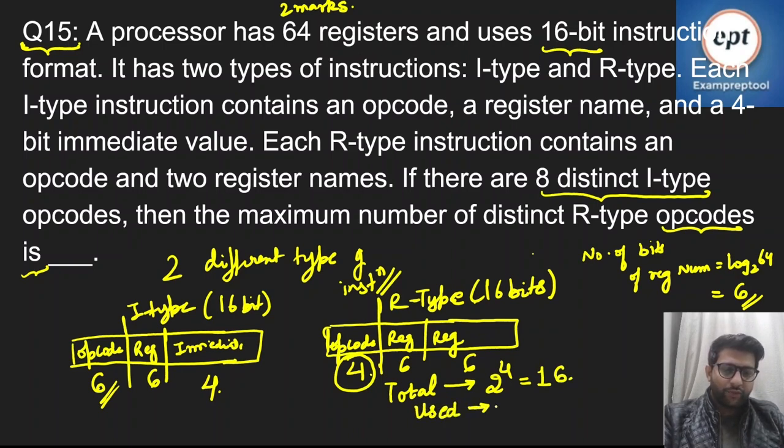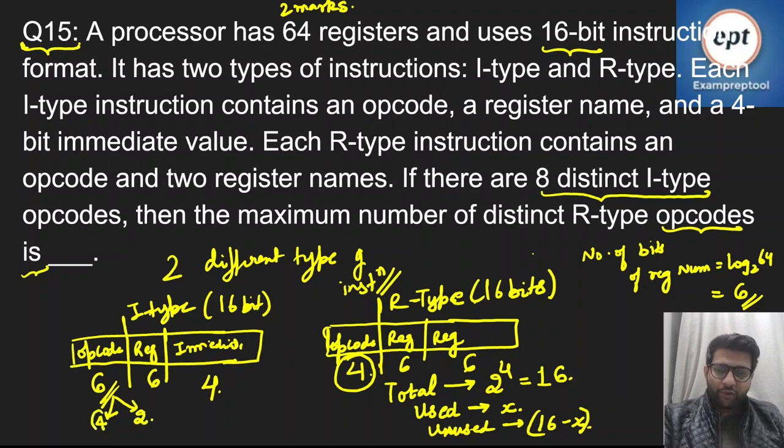Now out of those, let's say the used opcodes were X and the unused were 16 minus X, right? Now just go to the next immediate bigger value. Out of those, 4 bits were already used by the first type of instruction and 2 bits were remaining, right?